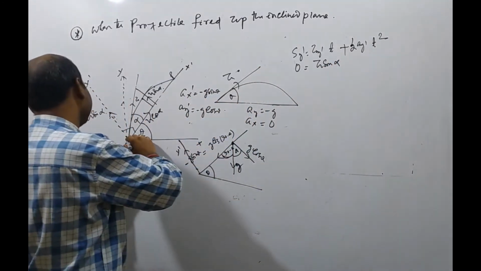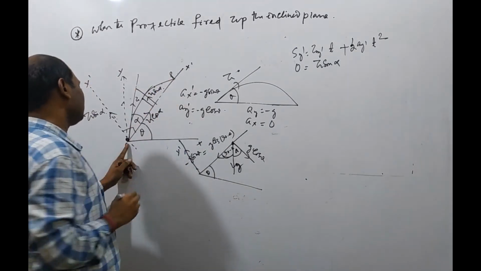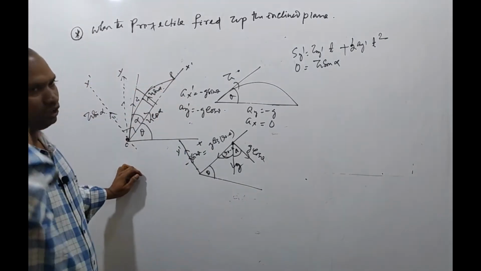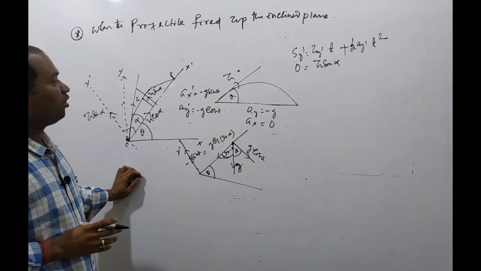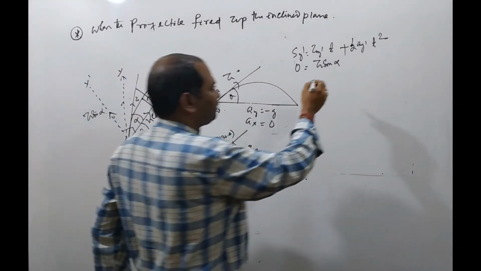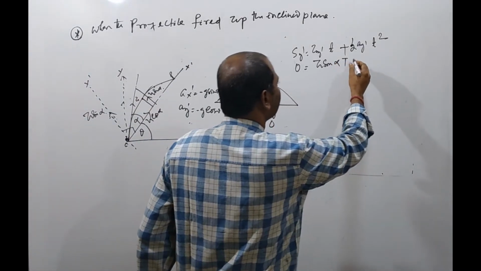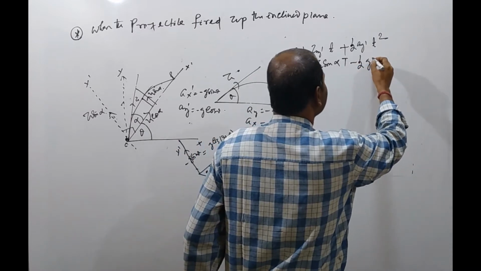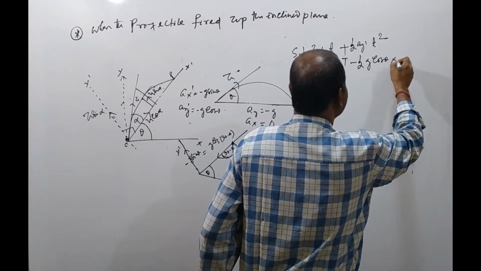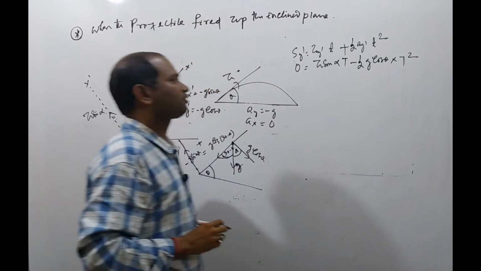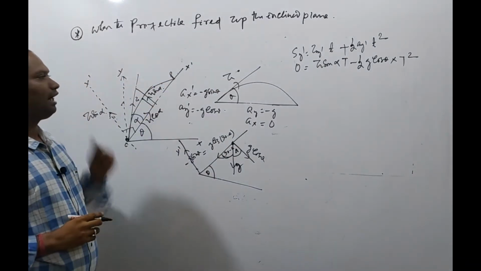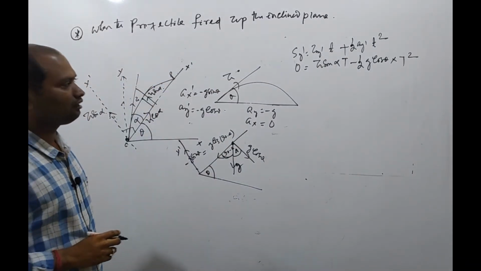The body goes from this point to this point, so the time of flight will be capital T. You can write 0 equals u sin alpha into T minus half g cos theta into T square. Here T is the total time of flight, capital T I have taken here.